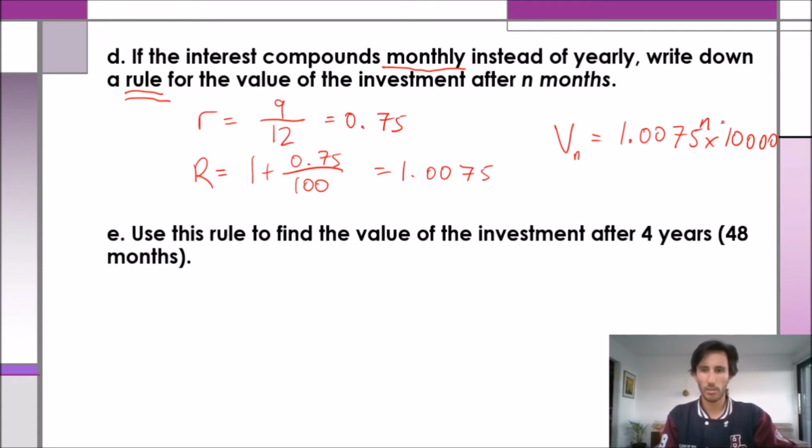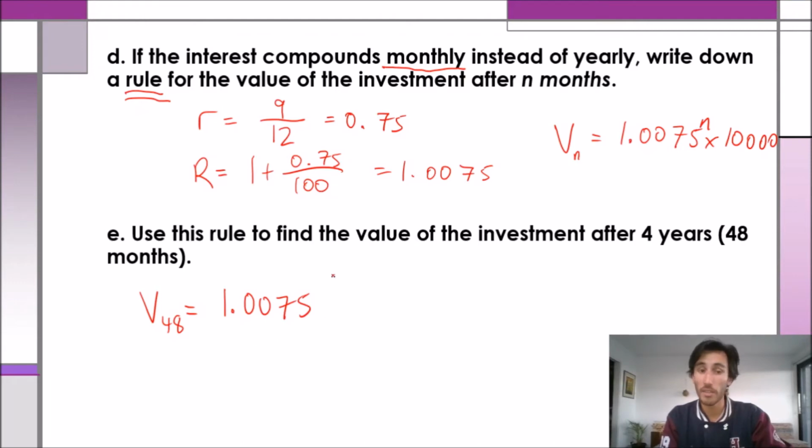Now, let's use this rule to find the value of the investment after 4 years. So that's 48 months. Right, so we know that we're trying to find the 48th month. So V48 equals 1.0075.